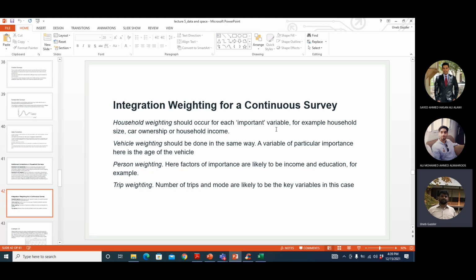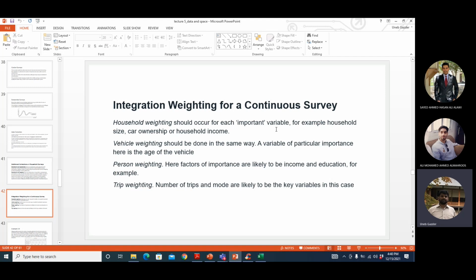In that case, household weighting should be done. There should be some weighting mechanism on the basis of household for each important variable, for example the size of the household, the car ownership, the household income. There should be some type of weighting done to make sure that you can integrate the responses from different years into a single data set.